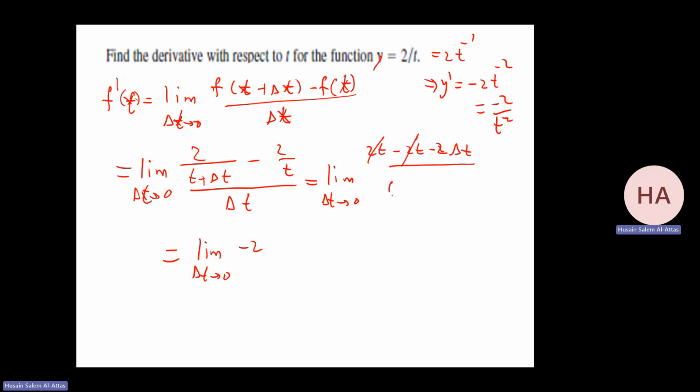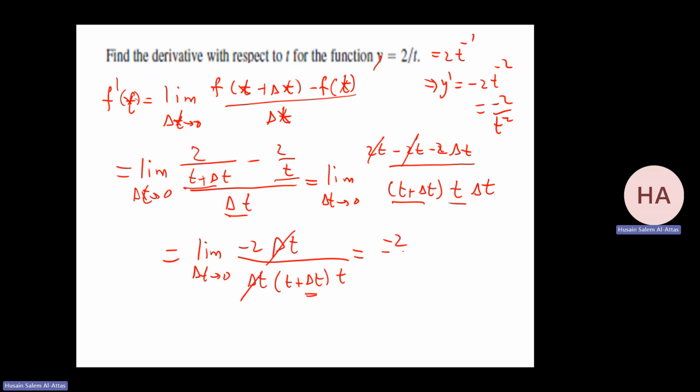Here I have t plus delta t times t times delta t. This is the common denominator. So you have minus 2 delta t over delta t, t plus delta t times t. So this is cancelled. Just substitute delta t goes to 0. You have minus 2 over t squared, which is the same.